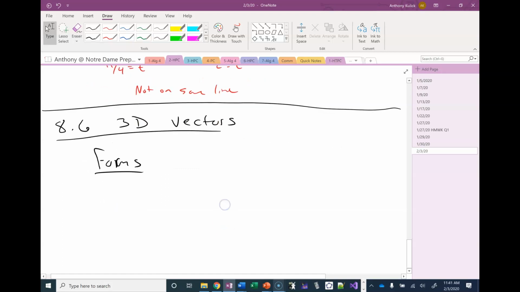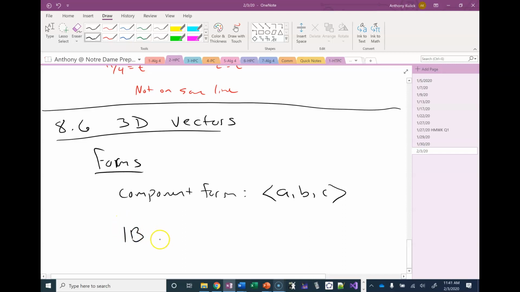So when we talk about the ways to represent a three-dimensional vector, we have our regular component form, where again, remember what this means. It means the origin is the initial point for our vector, and the terminal point for our vector is the point ABC in this case.